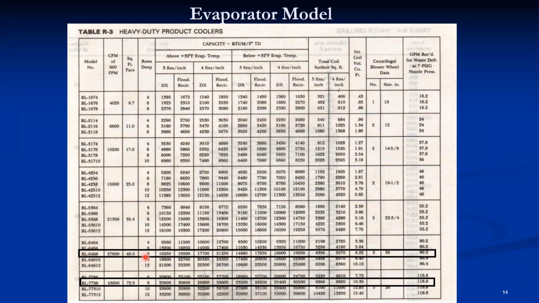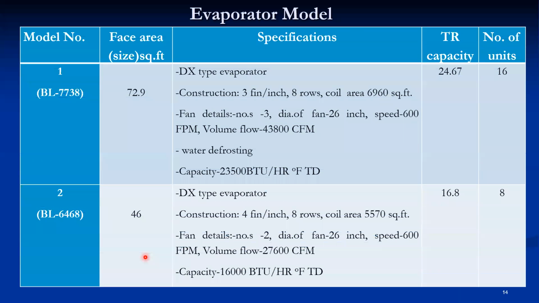Low rows are beneficial because more rows give a better TD, but they also give a greater pressure drop. So the break-even of 8 rows is selected.